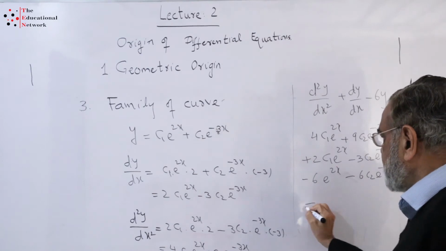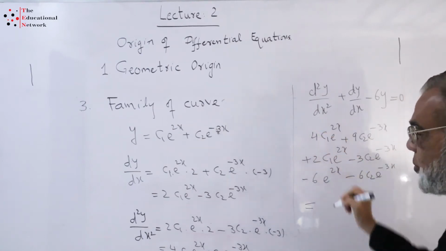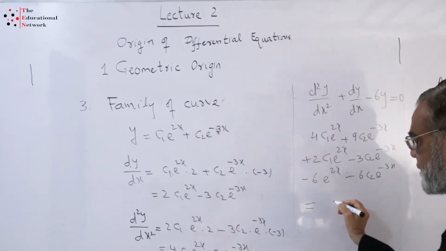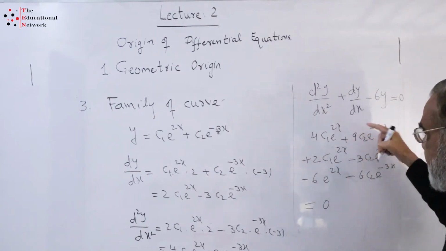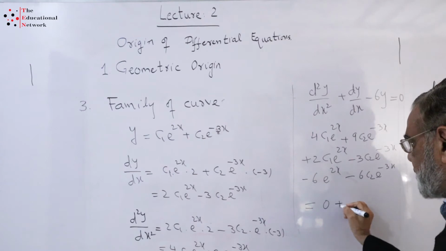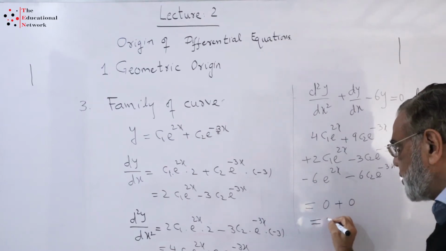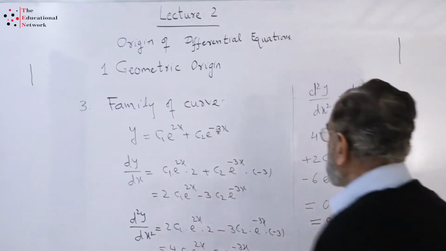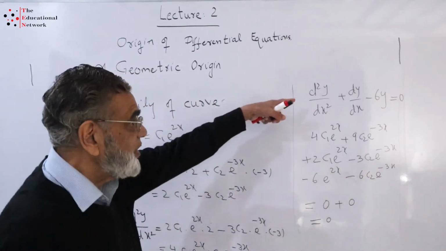Now we add this. We get 4 plus 2 is plus 6, and minus 6 becomes 0. And 9 minus 3 minus 6 is 0, and that's equal to 0. So this is equal to 0. We say that this is a solution of this differential equation.